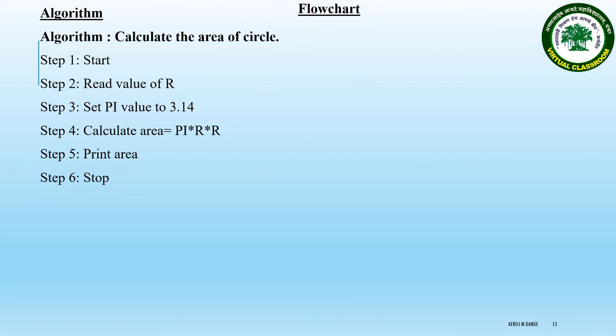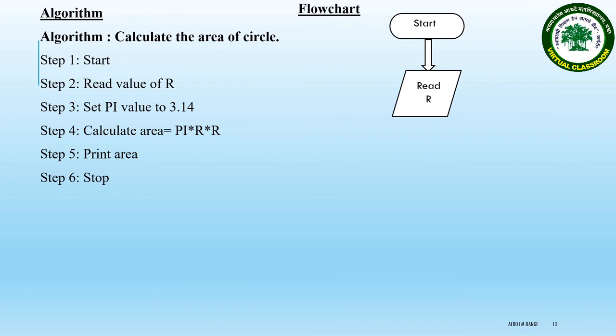Simultaneously, I am showing the flowchart. It is a simple flowchart which will have only a few geometrical symbols, no branching. Let's see the entire flowchart. First of all, start. Then you are supposed to read the radius.